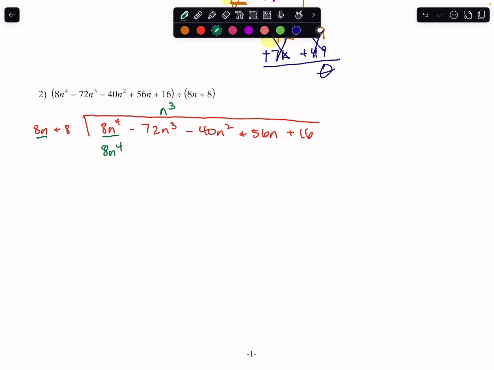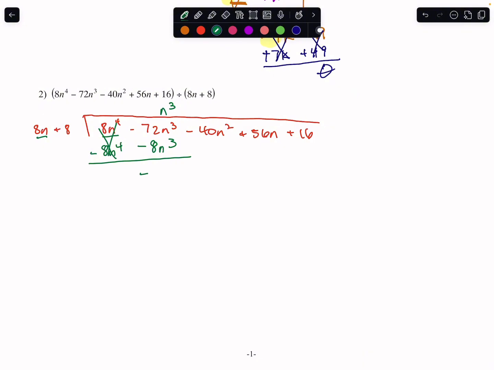We go through. We have to change the signs. This goes away. Negative 72n cubed minus 8n cubed is negative 80n cubed. Drop down the negative 40n squared.